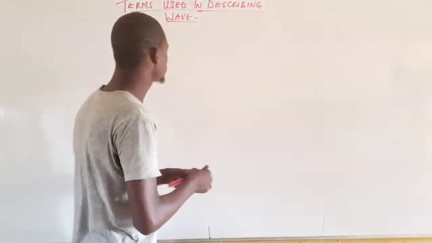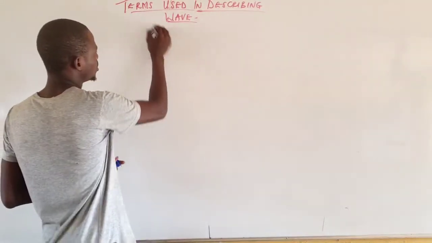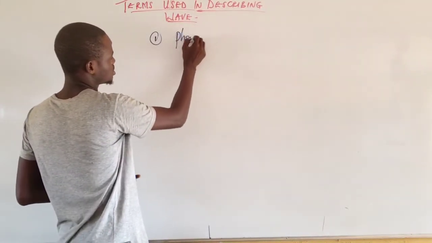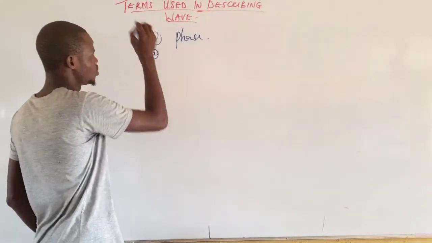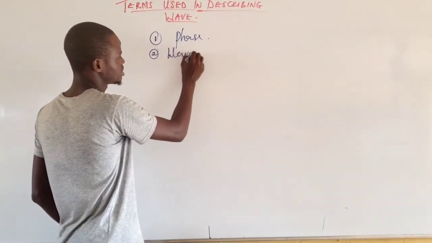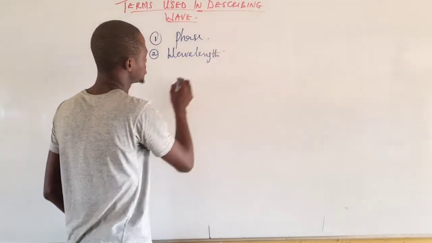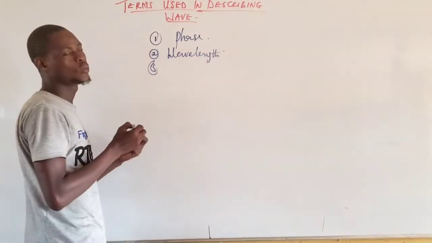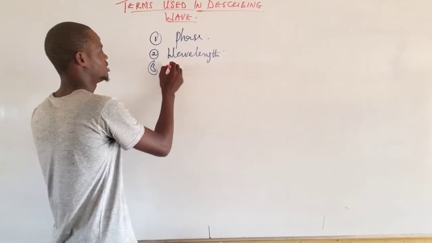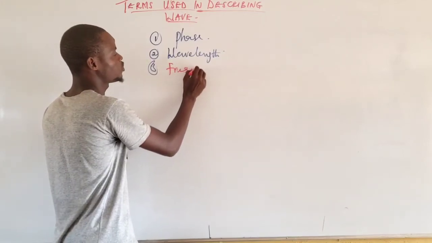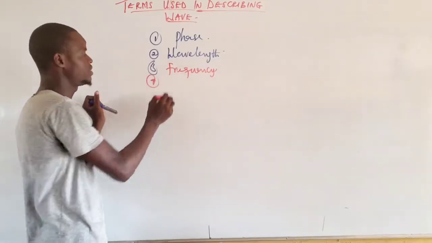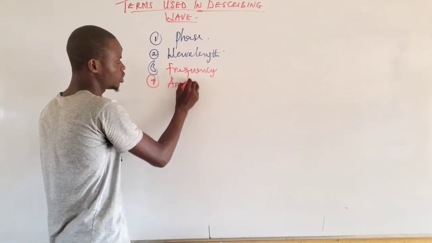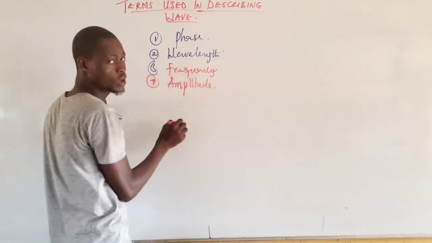One of the terms that I want you to know, number one, is the phase of the wave. Number two, the wavelength. Number three, the frequency of the wave. Number four, the amplitude of the wave.